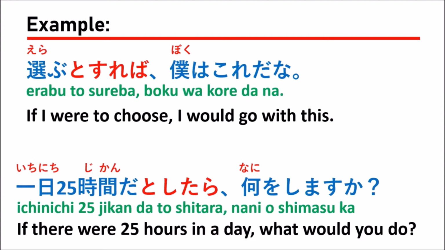So for the first sentence they use TOSUREBA, but for the second sentence they use TOSHITARA. It just has the same meaning: if A then B, or if something then something like this.